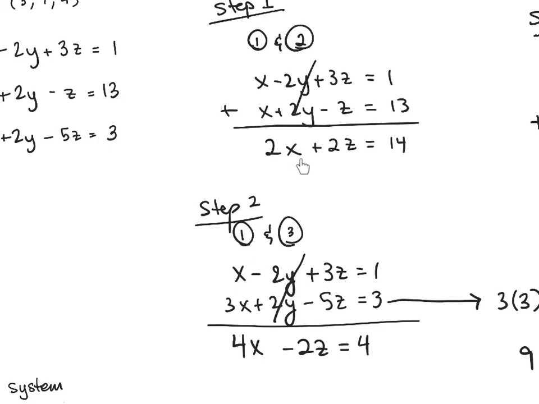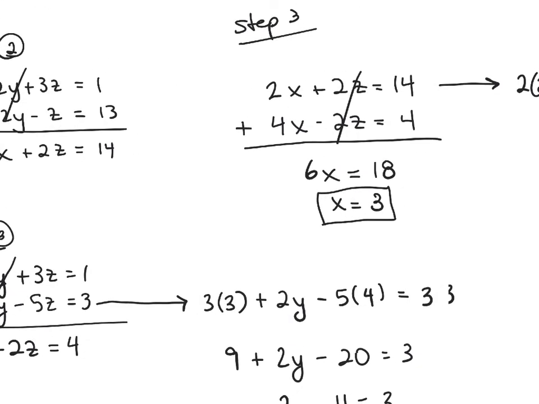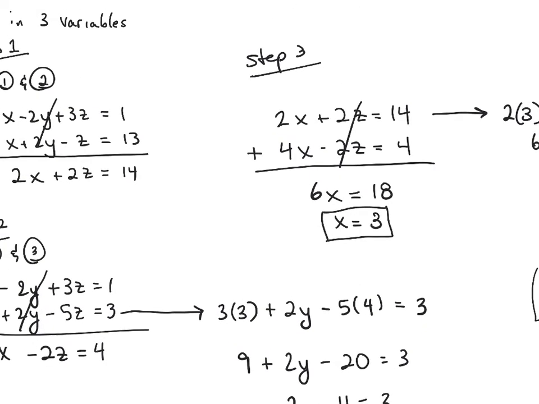What that resulted in step 1 was an equation in terms of x and z, and in step 2 it was an equation in terms of x and z. So the next step was to create a system of equations using that result. It was a system of 2 equations and 2 variables, x and z. I solved it using elimination for x.